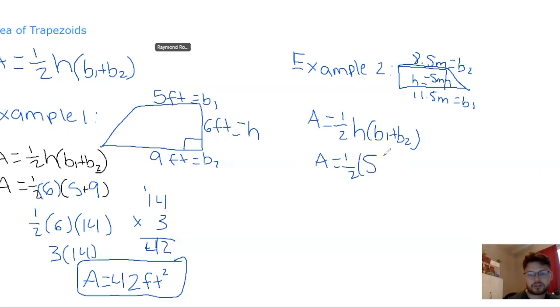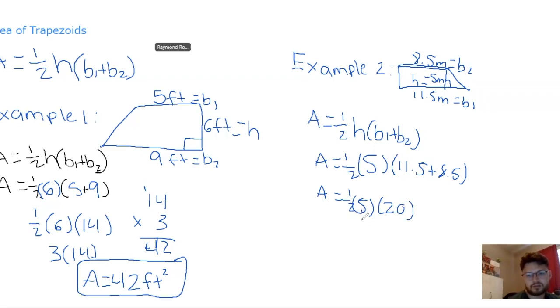Let's do parentheses so we know we're multiplying, they're not connected, times the sum of base 1, 11.5, plus base 2, 8.5. We're lucky here because they're .5, so you kind of already know what that is going to be. So area is 1/2 times 5 times the sum of this, which should give you 20.